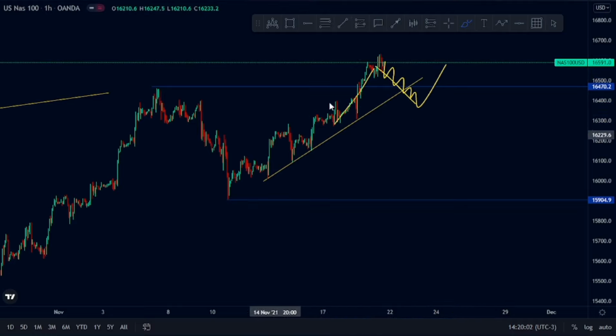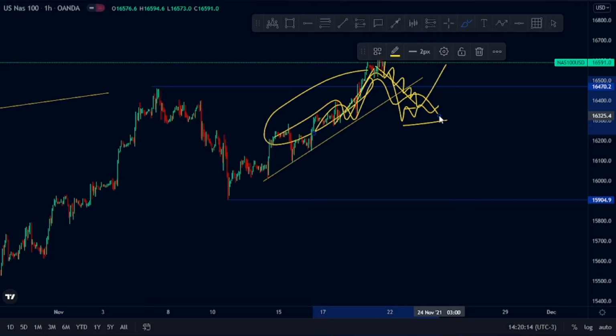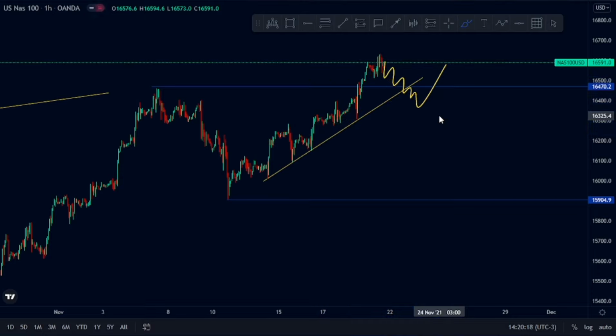So this is basically sitting as an uptrend until it breaks below and gives me a correction in the form of a head, a right shoulder, a head, and a left shoulder. I'm still looking for buying opportunities.